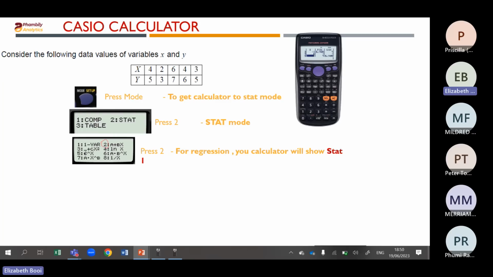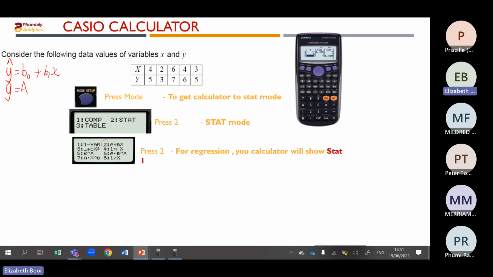Always remember that the value which is closer to the x is what we call the slope. So on your paper, you can write y hat equals b0 plus b1x. You can also translate it into your calculator function, which is A plus Bx, because that's what you will always have to remember.